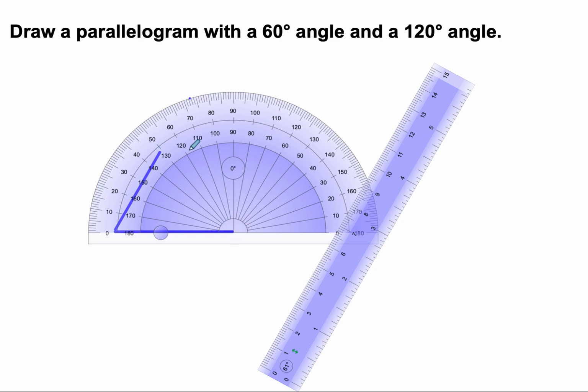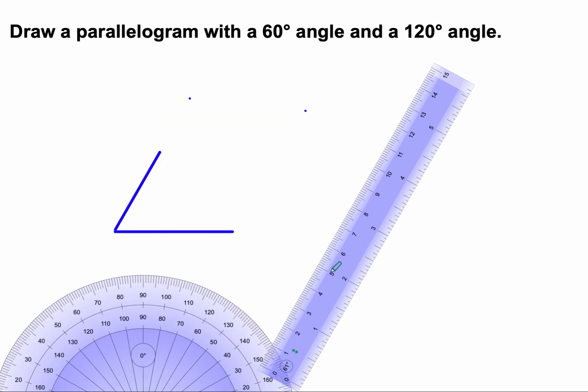My angle is going to the left, so I'm using the top side of my protractor, which is the same part of the protractor that my 60 was on the other side. When you're making a parallelogram, you go to the same part of your protractor for both. On the right-hand side, it was 60. On the left-hand side, it's going to be 120, but it's still going the same way because our lines have to be parallel.